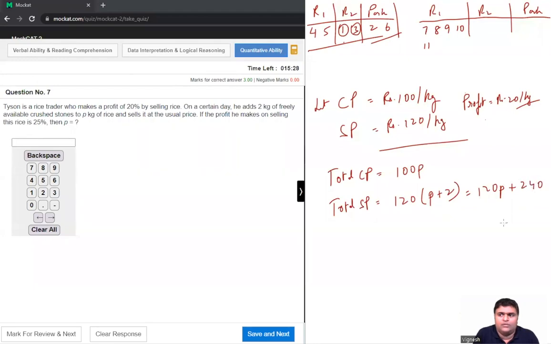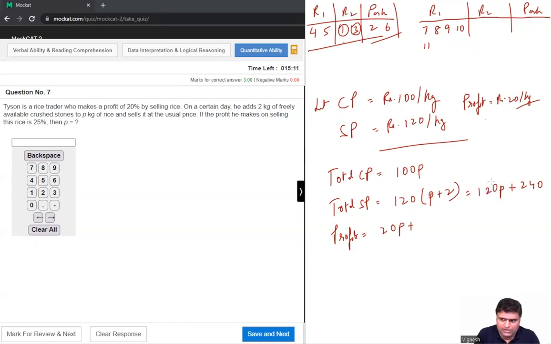If this is the selling price, what is the profit here? Selling price minus cost price: 120p plus 240 minus 100p, so extra 20p plus 240.